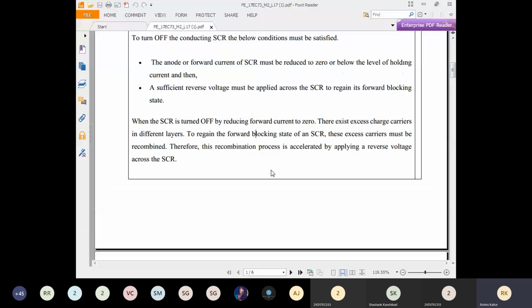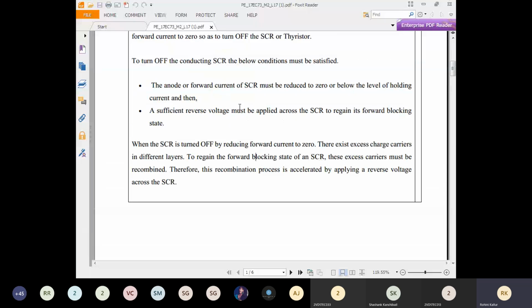When we try to achieve these two conditions on the SCR, we need to see that whenever the SCR is turned off by reducing the forward current to 0, there will be excess charge carriers.